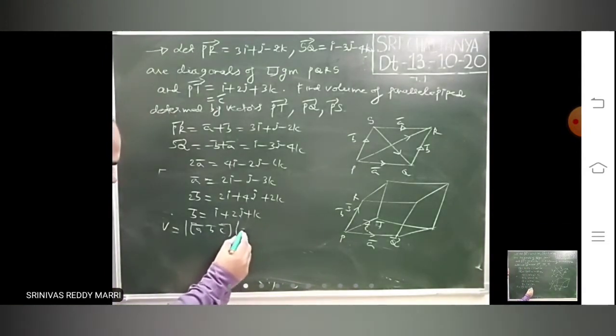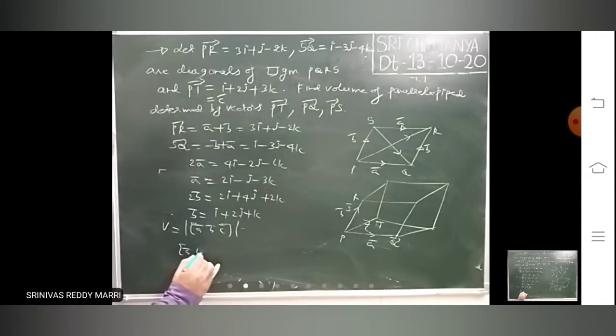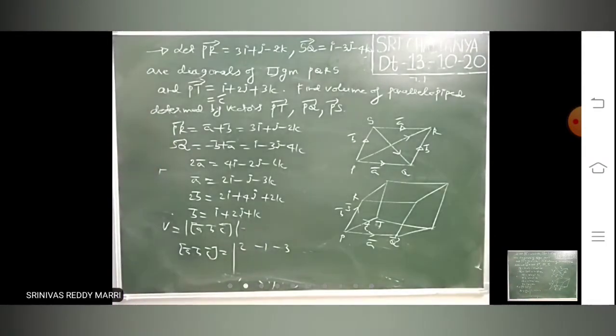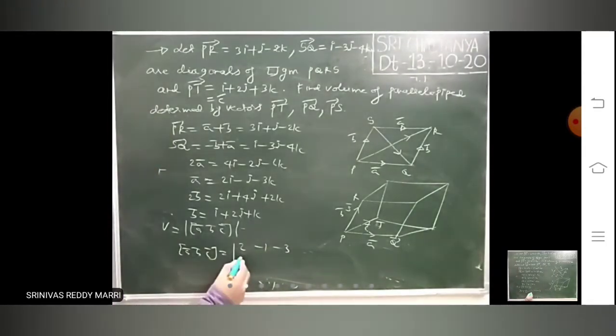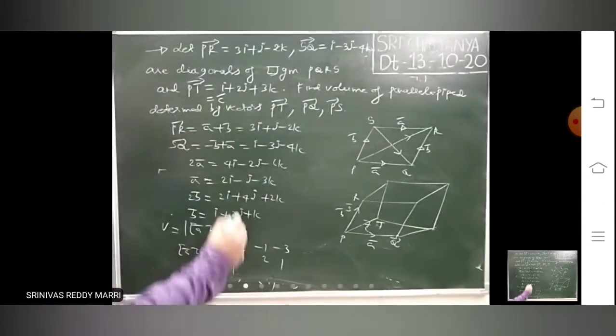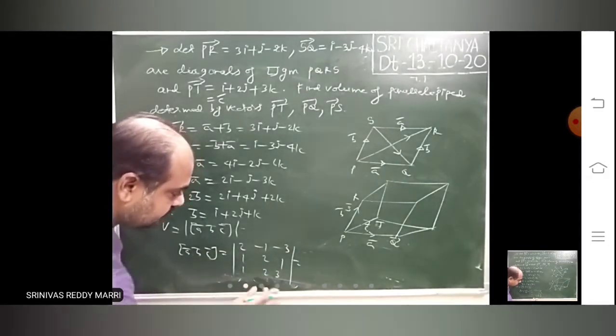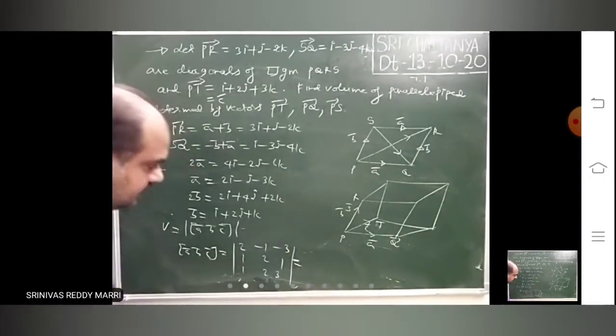So I am calculating box of A bar, B bar, C bar. That means 2, minus 1, minus 3; B bar is 1, 2, 1; C bar is 1, 2, 3.